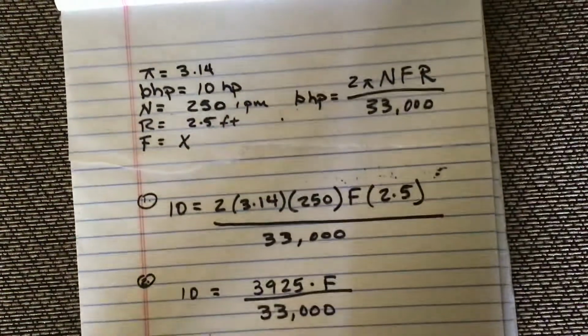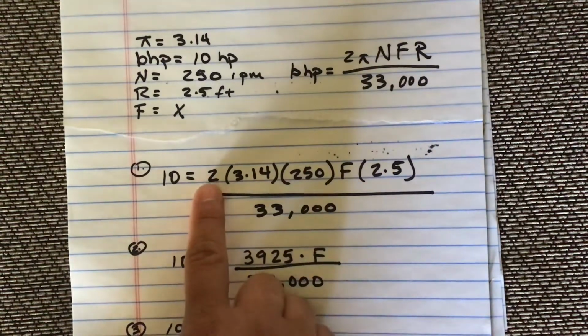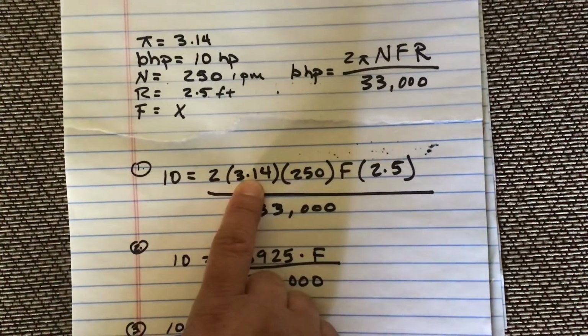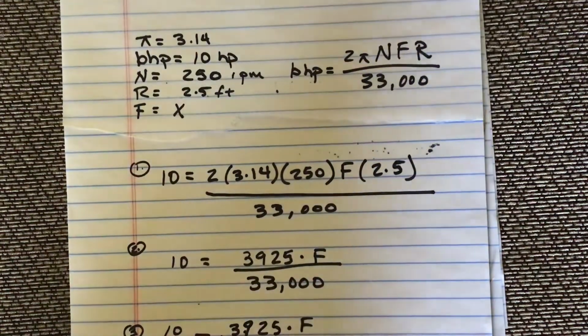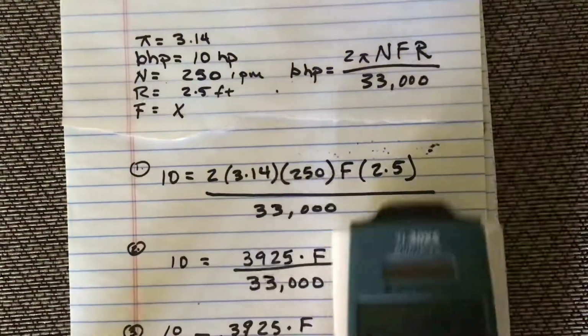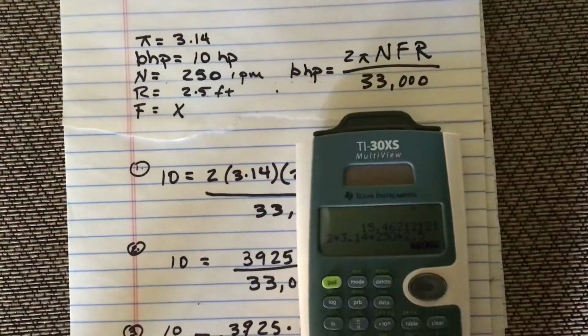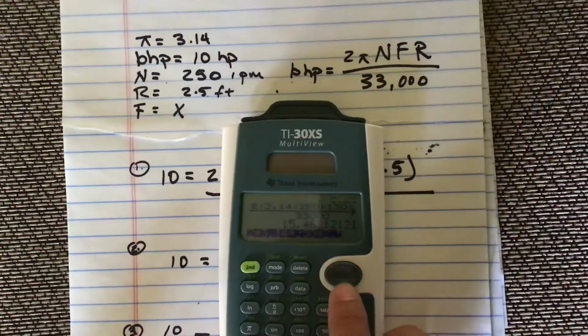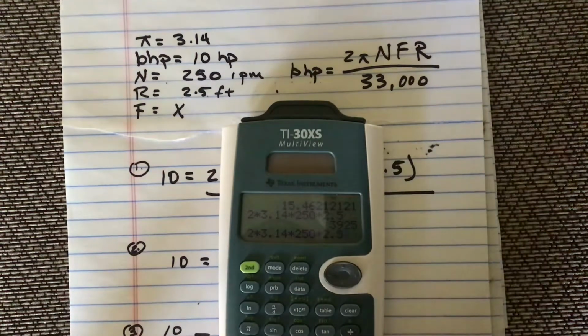Now I'm going to try to condense this problem. I'll take 2 times 3.14 times 250 times 2.5.